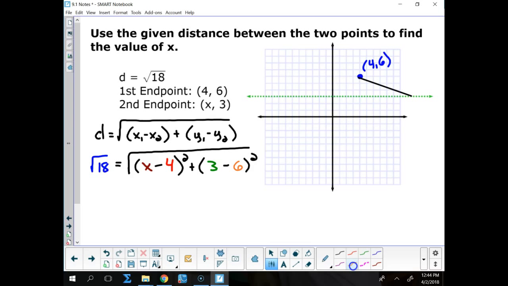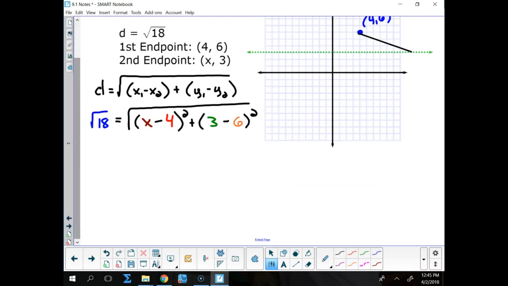How can I cancel the radicals? Square both sides, right? I cancel out the radicals by squaring both sides. So that gives me 18 equals the quantity x minus 4 squared plus what? What's 3 minus 6? Negative 3 squared. 9.